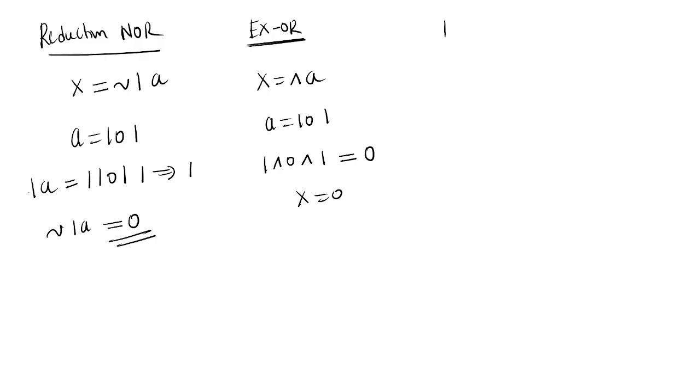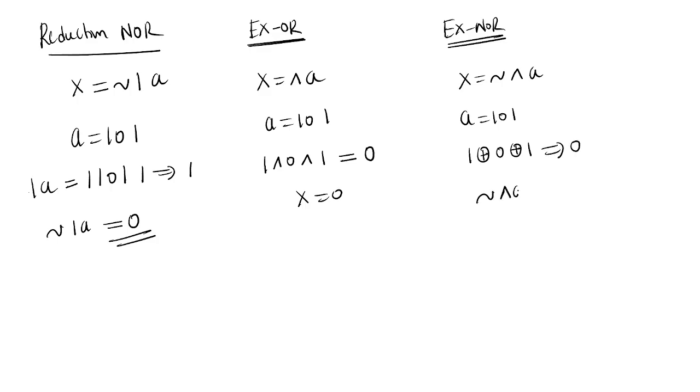Reduction XNOR. Reduction XNOR means x equal to not of XOR of A. If you take A equal to 101, 1 XOR 0 XOR 1 means you are getting 0.